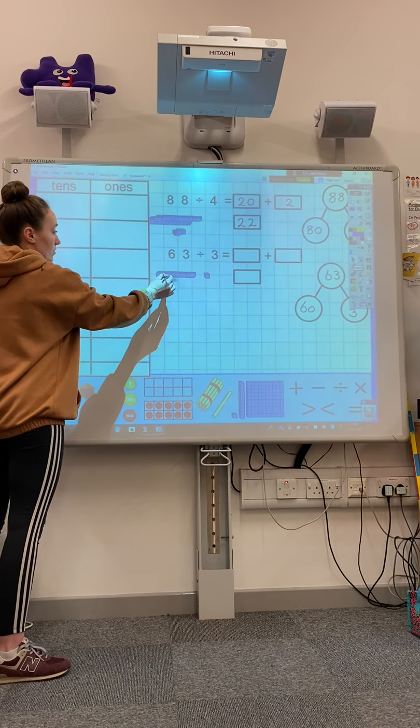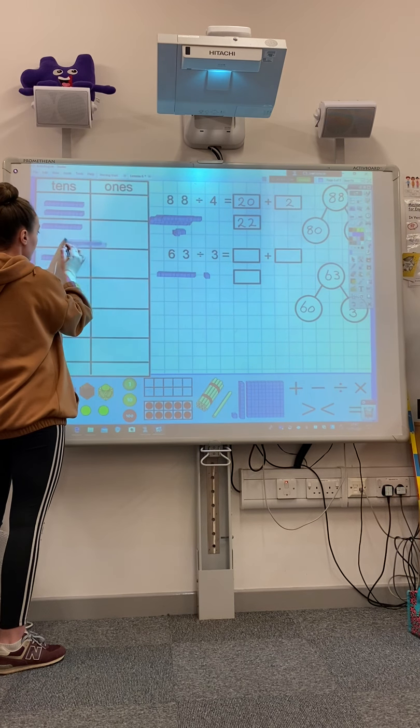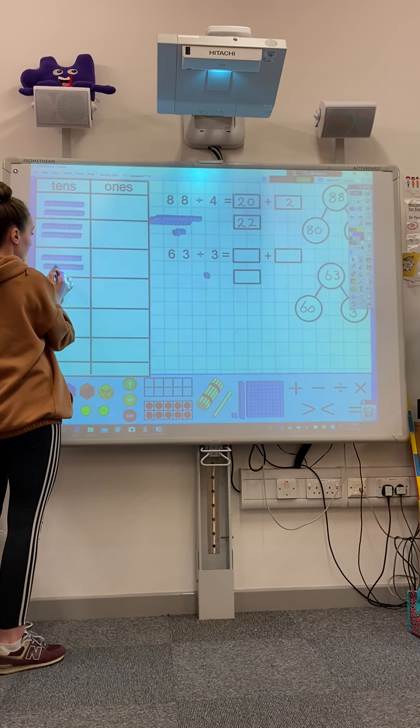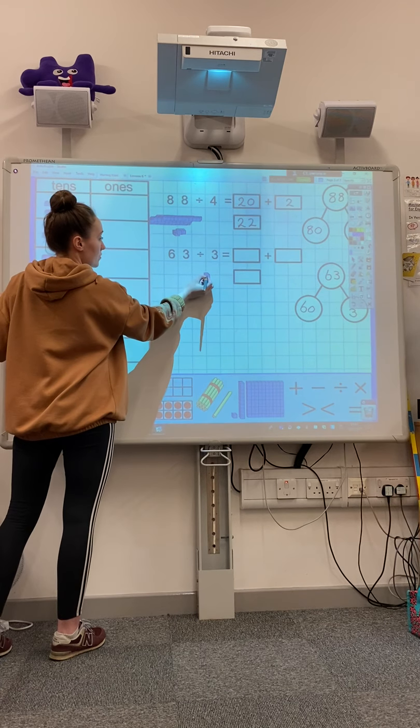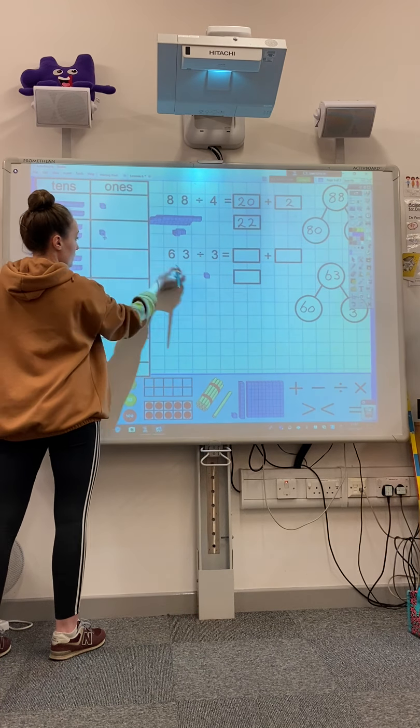So I'm going to split my 10s and 1s again. And then I'm going to split my 1s. I've got 3 1s, splitting them into 3 groups. Then in each group I have 2 10s and 1 1. So 2 10s again is the same as 20, so we'd write 20 here. And then I've got 1 1, which would be 20 add 1 equals 21. 63 divided by 3 is 21.